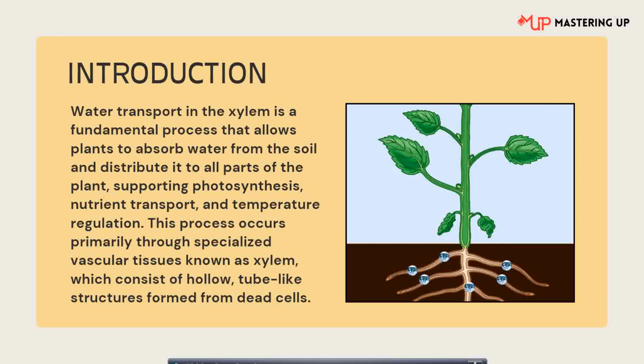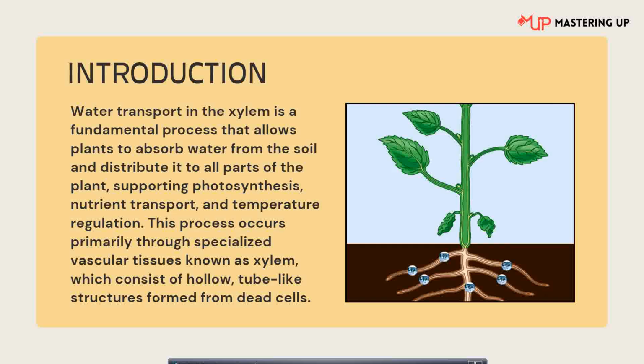So xylem helps plants absorb water from the soil and distribute it to all parts of the plant. As for importance, they support photosynthesis, nutrient transport, temperature regulation and more. This we will be discussing in the last slide.